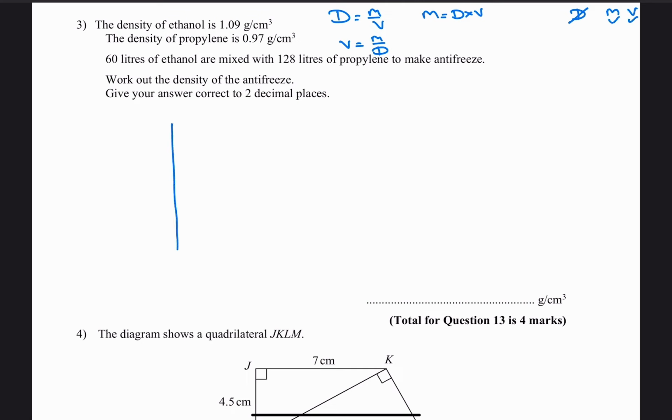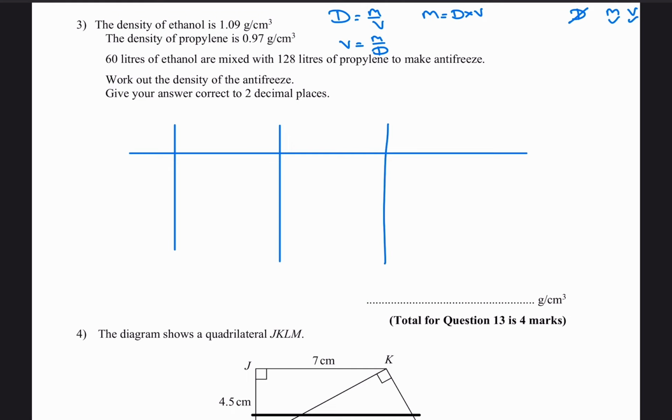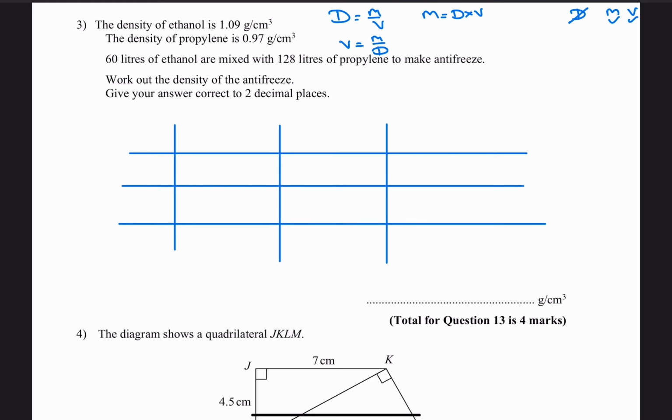So if I do a table, this is mass, this would be volume, let's say that, and density.